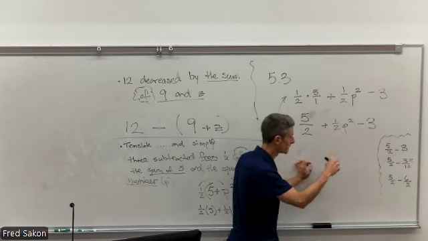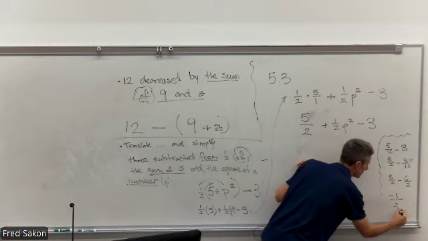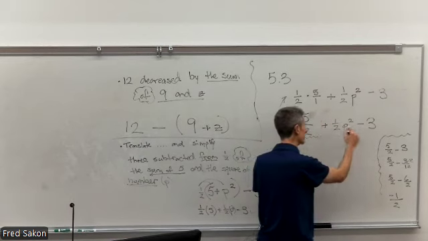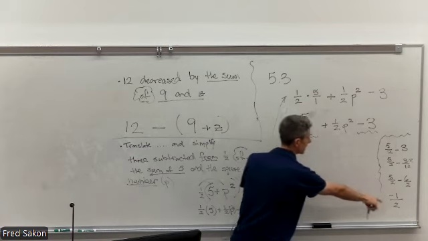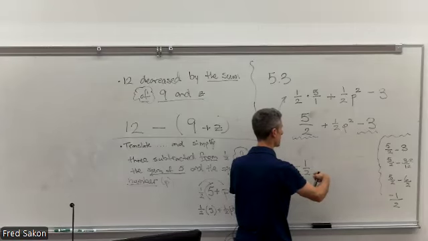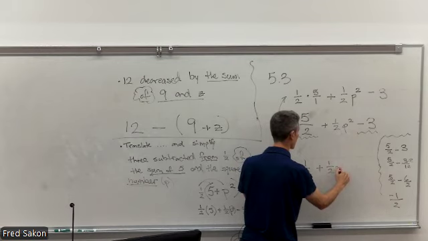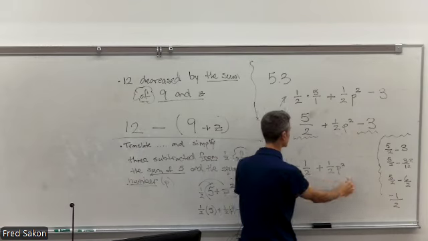Now I can do 5 minus 6 is -1 over my common denominator of 2. So what we just did is we said this term and this term are like. We combine them to get this, -1/2. Then bring down our 1/2 p squared variable term.